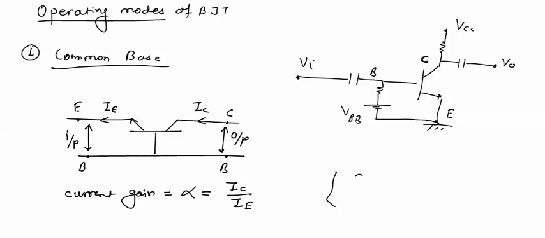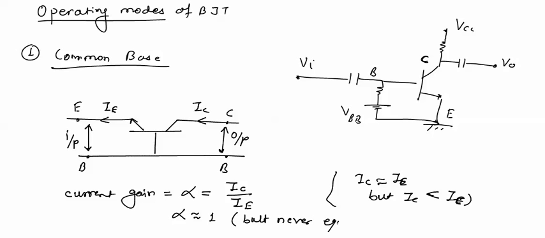We know that IC is nearly equal to IE, but IC can never be greater than IE. So IC will always be less than IE. Now we can say that alpha is nearly equal to 1, but never equal to 1. Always less than 1.